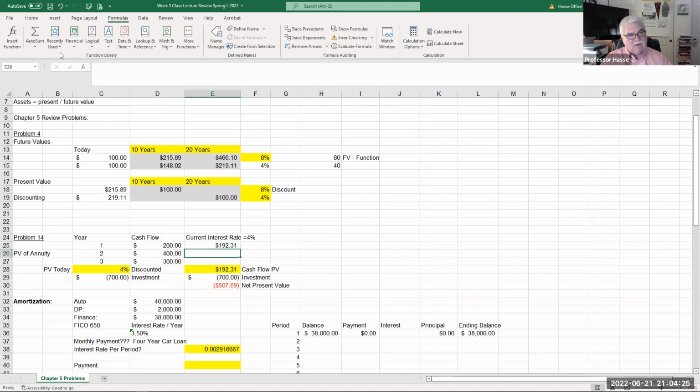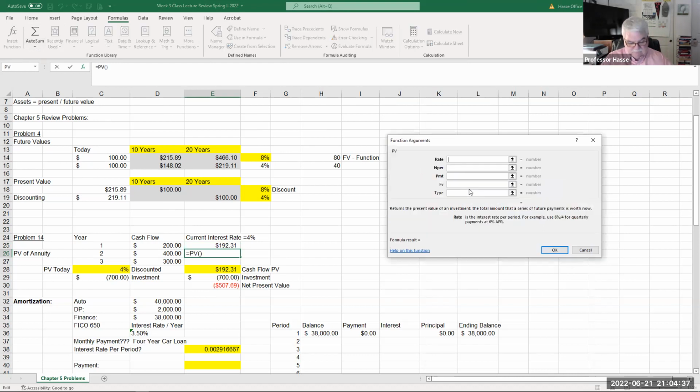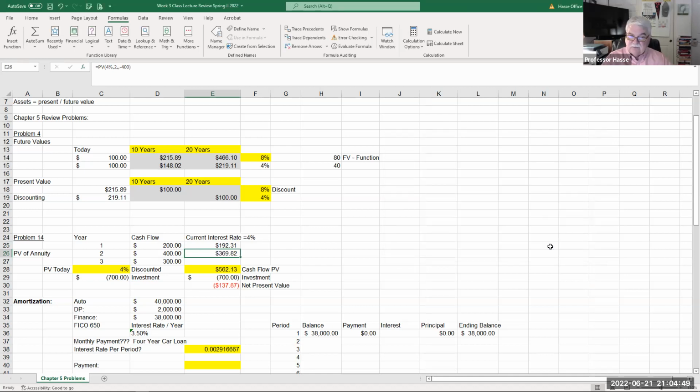Now we do the second year. Formula, function, financial, present value, 4%. Now for 2 periods, this is the second year, and the future value in this case is $400. That present value is $369.82. And then we do the third year.